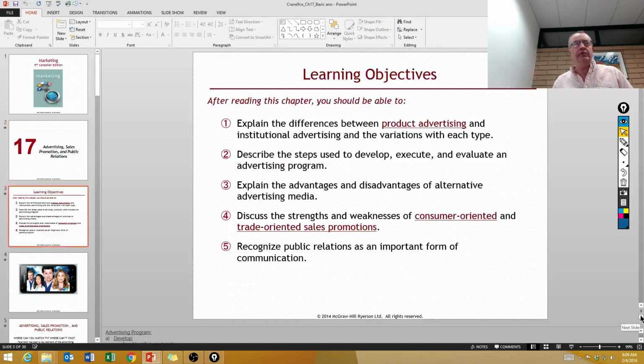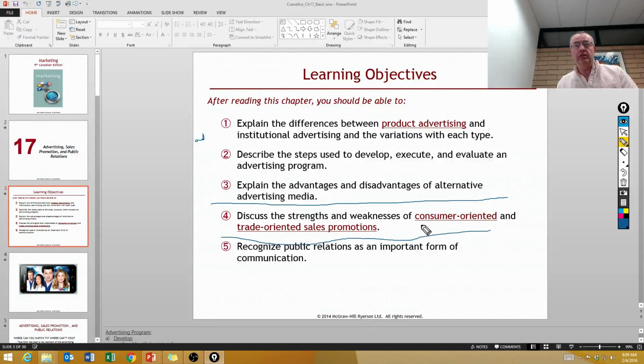In Chapter 17 here, we have 4 different types of promotion. The first type is advertising, and on our little slide here, that goes down to about here. Then we have what's known as sales promotions, and finally public relations.